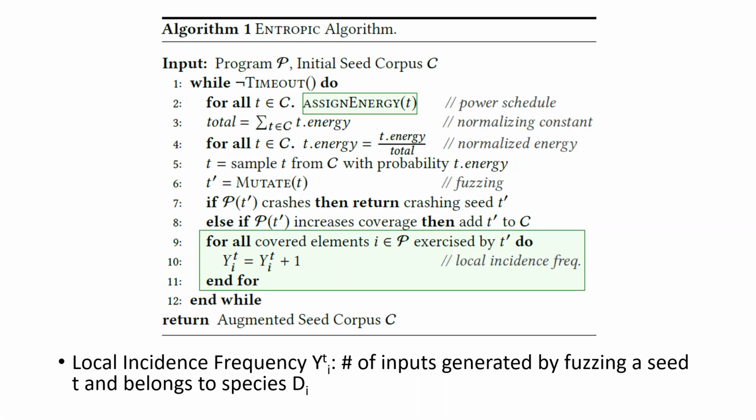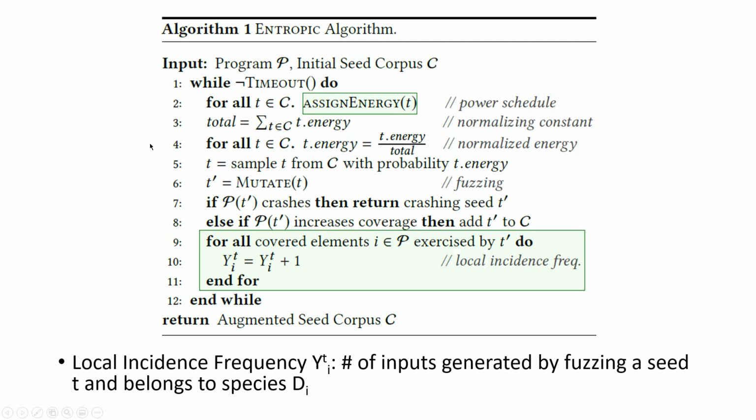So this is just a high-level overview of the Entropic algorithm. The boxes in green are the ones that are modified or added by Entropic. Initially, we'll just go through this roughly. Line 1, you're just looping until a timeout, and then for line 2, for all the seeds, they assign an energy to each seed, and this line is called the power schedule.